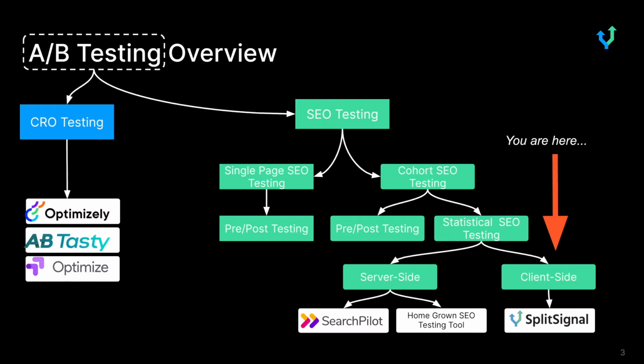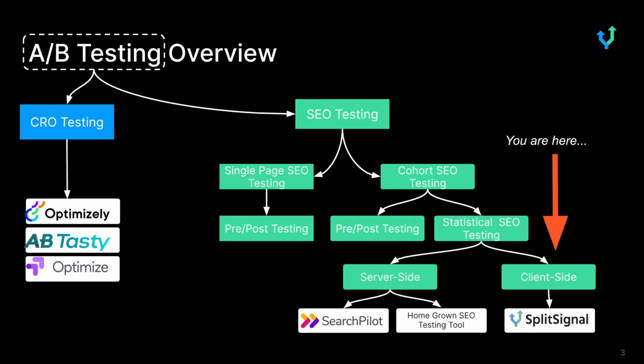Underneath cohort testing, there are two different ways to analyze the results. Again, pre and post, where you take a screenshot, wait, and then check it again, kind of like a dipstick of a car. Or statistical SEO testing, where you use a Bayesian statistical model, more specifically Google's causal impact model, to ensure that your results are statistically significant.